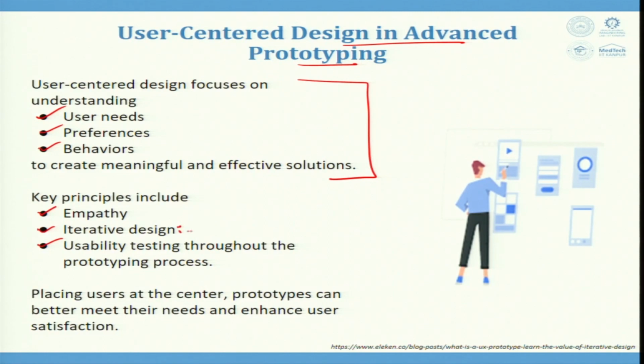Because the design is iterative, you might have rapid prototype 1, rapid prototype 2 and so on, until we get the final functional prototype. So, by placing users at the center, prototypes can be better and meet their needs and enhance user satisfaction.